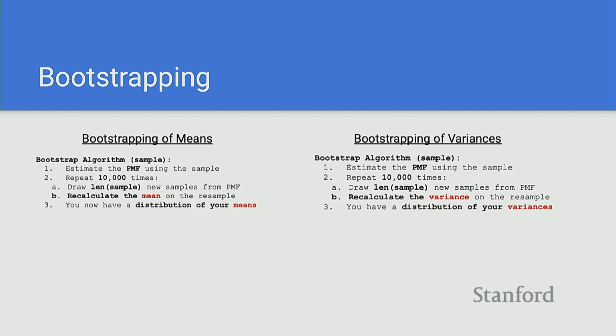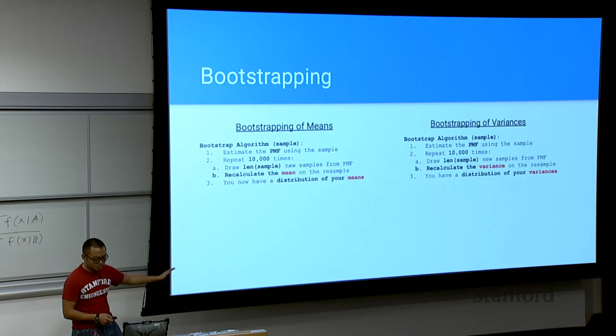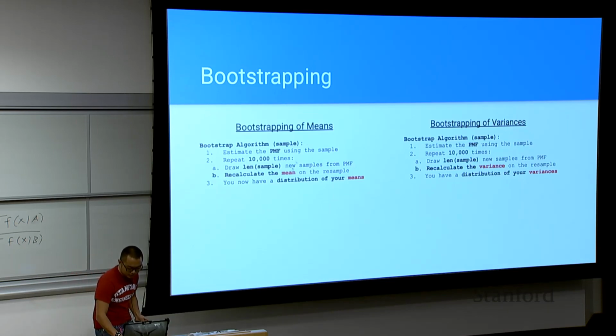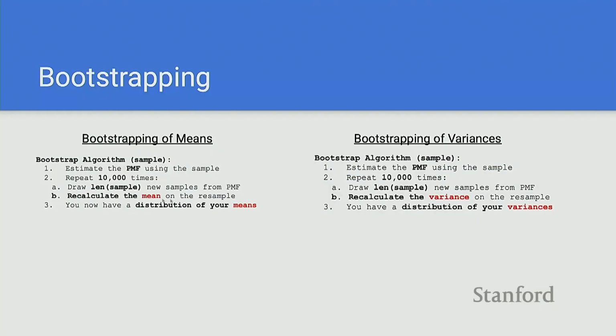The key difference is you'll be calculating a mean on the resample, and then you have a distribution of your means. On the variance version, you have a variance of your resample, and then you have the distribution of your variances. These are the 2 most common forms of bootstrapping that we're going to throw at you in this class.